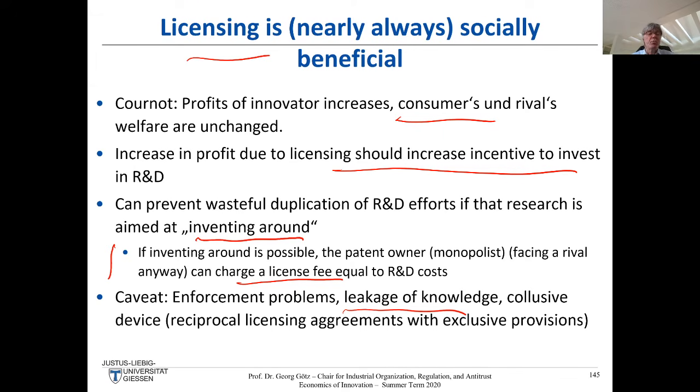And it might also be a collusive device. There are so-called patent pools and so on, reciprocal licensing. I license something to you, and you pay me something, and you license something to me, and I pay something, and we both inflate our cost and therefore can implement the collusive solution.